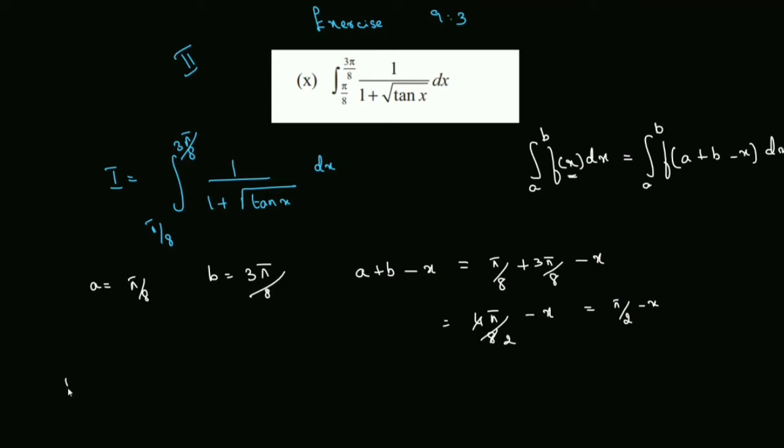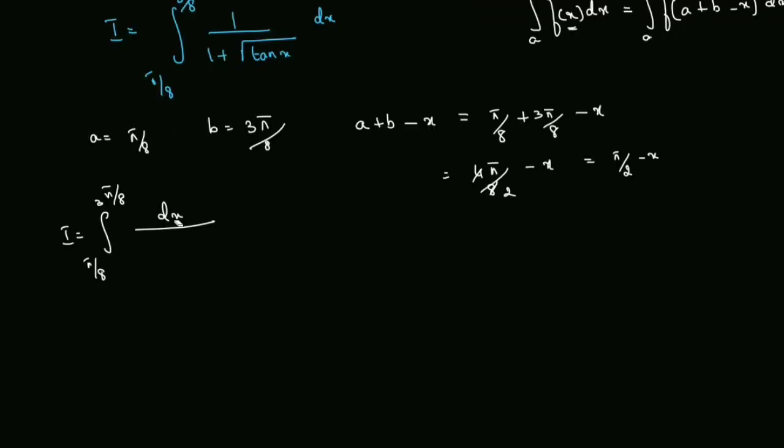So I is equal to the integral from pi by 8 to 3 pi by 8 of dx by 1 plus root of tan x. You can write tan x as sin x by cos x, isn't it?